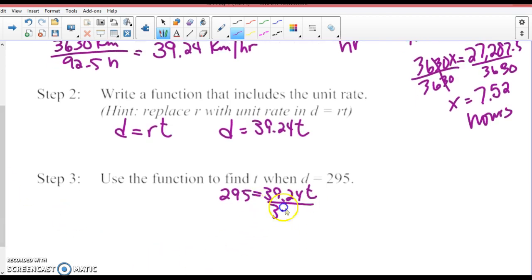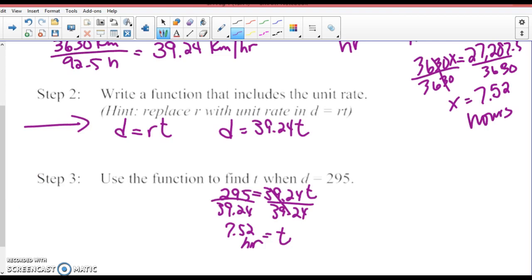Divide both sides by 39.24. And I get T equals 295 divided by 39.24, which is 7.52. And that'll be hours. Now, which one was way faster? Set up a proportion. But if they ask you for an equation, you need to find the rate.